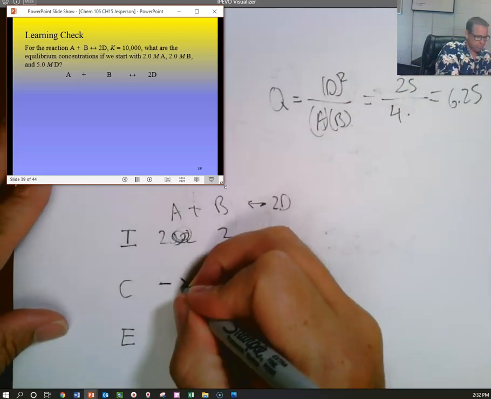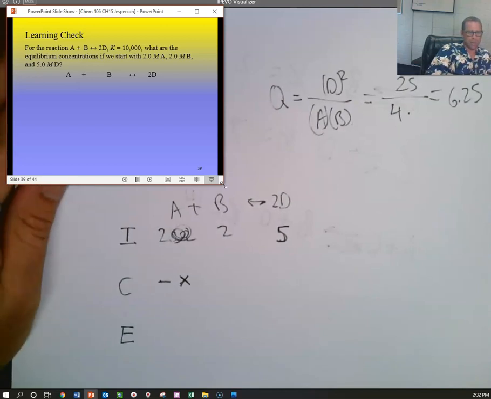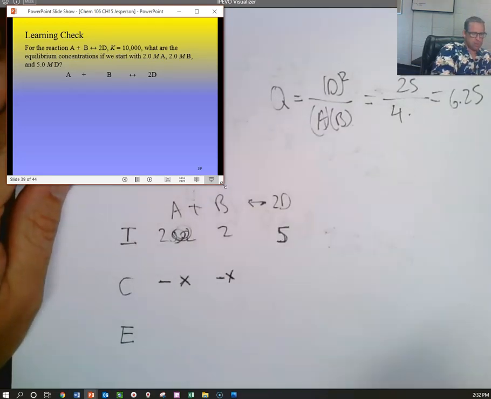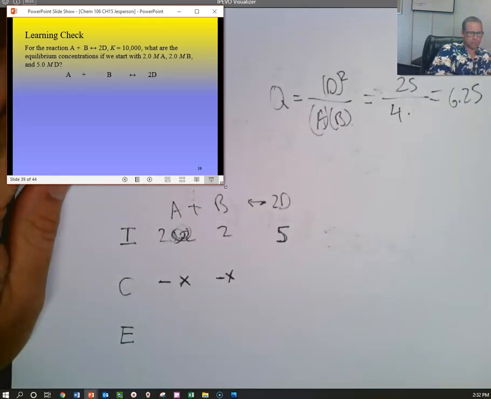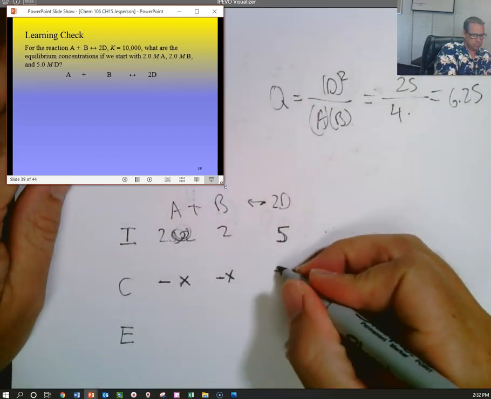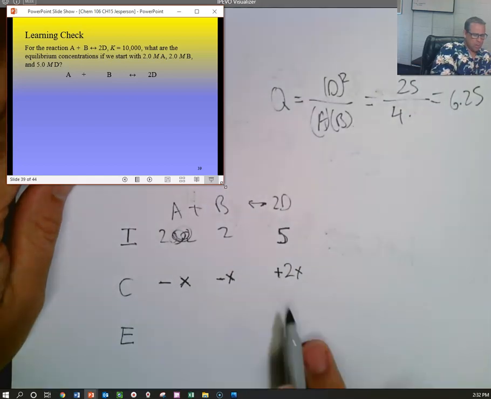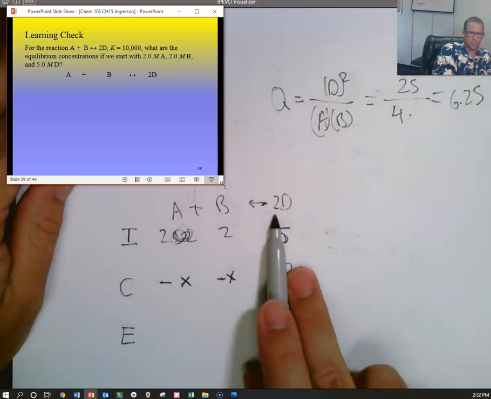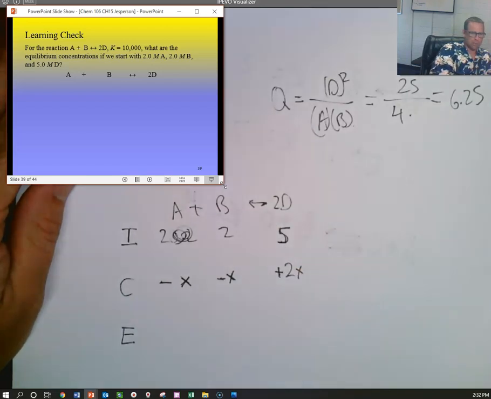Very good. And B is also minus x. And then D is plus 2x. Why did we put 2x here? Because of the coefficient on the original equation. Okay. Very good.